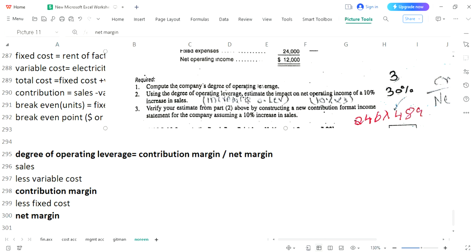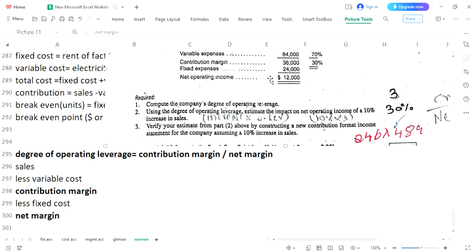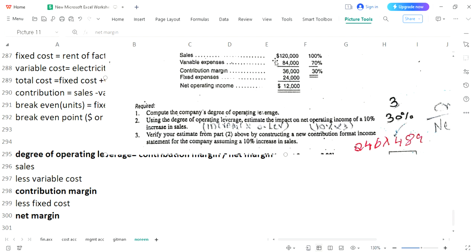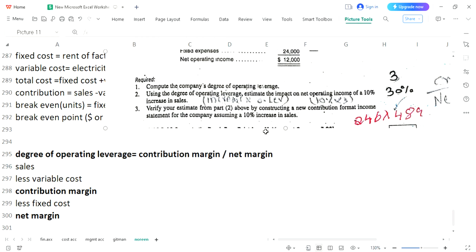So let's see our question. Everything has been sorted out already. Contribution margin is 36,000, and net margin, which is also called net operating income, is 12,000. So you can directly put the amounts into the formula instead of making the statement.